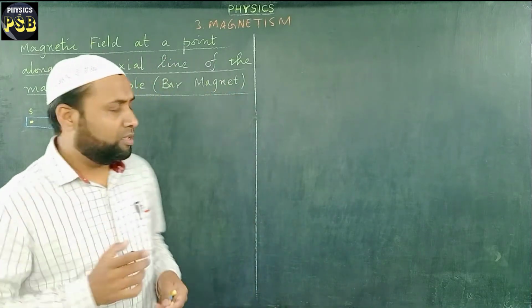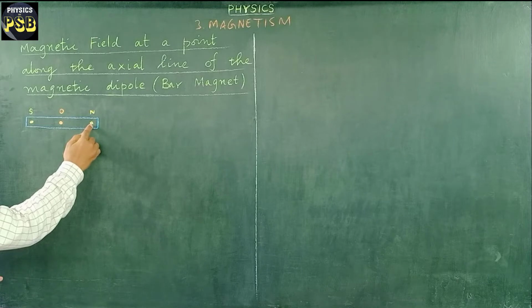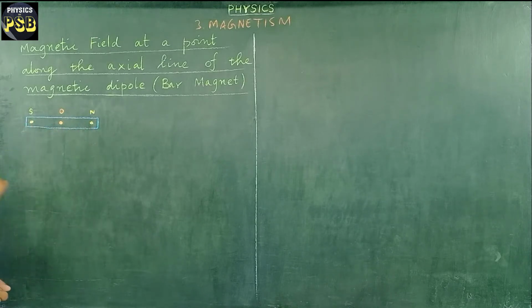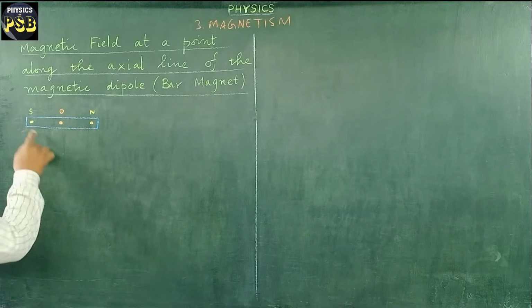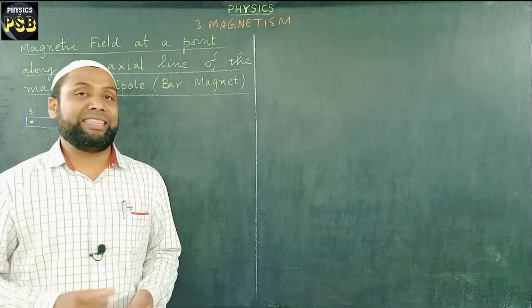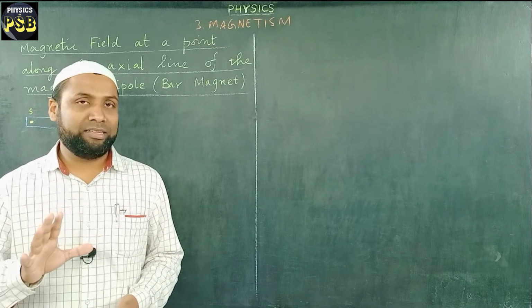If you measure the distance between the north pole and the south pole of the same magnet, then we call that length the magnetic length.